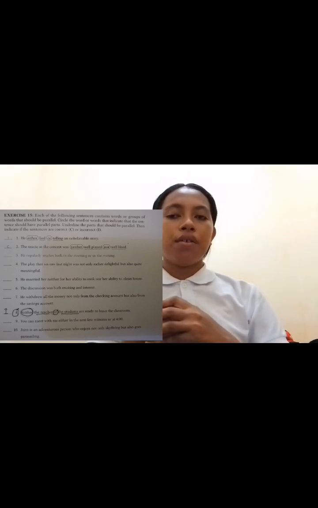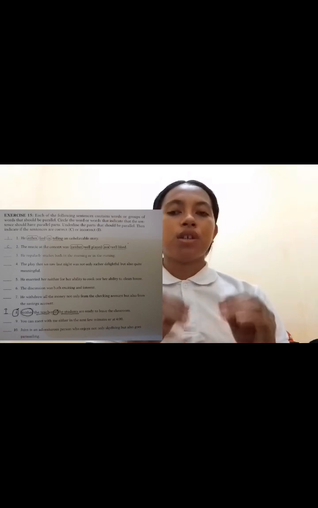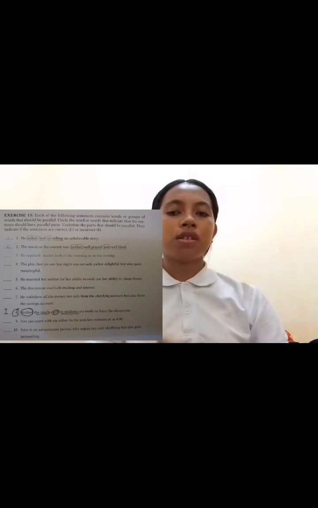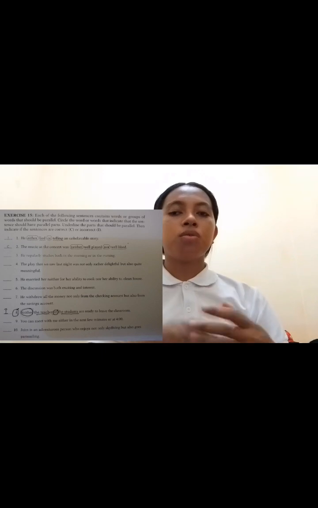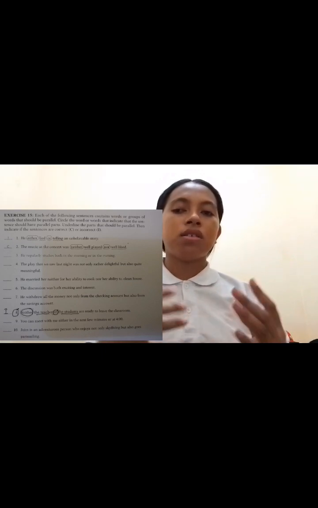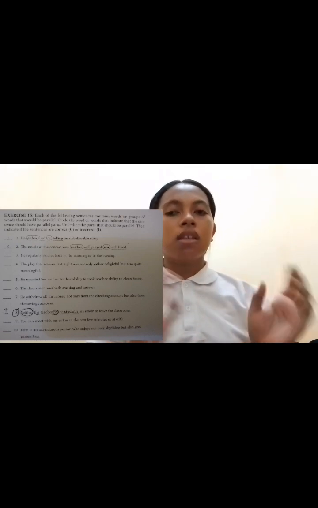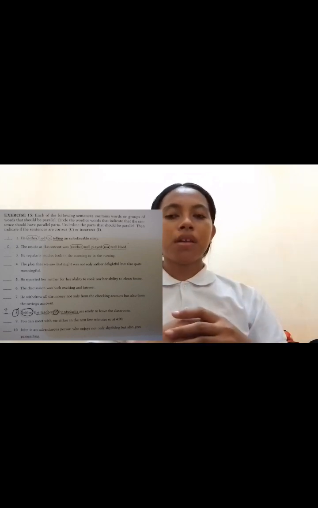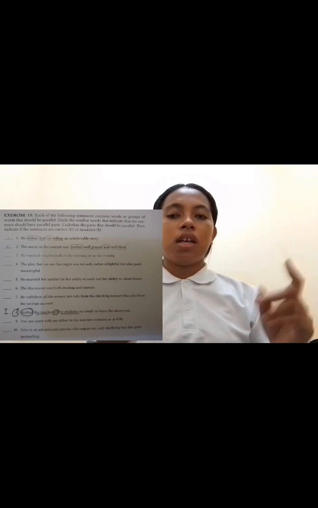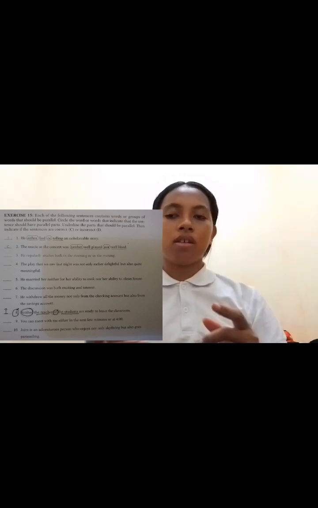Exercise 15. Each of the following sentences contains words or groups of words that should be parallel. Circle the word or words that indicate that the sentence should have parallel parts. Underline the parts that should be parallel. Indicate if the sentences are correct (C) or incorrect (E). Question number 8.